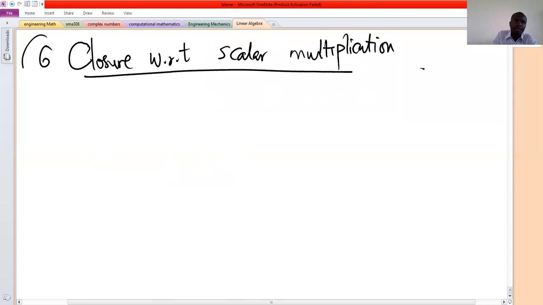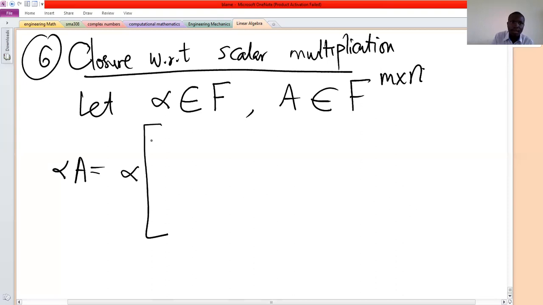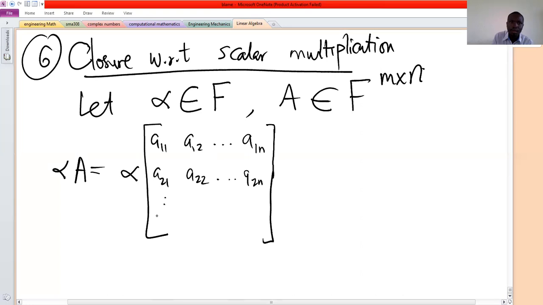Now, let alpha be an element in the field and A be a matrix of order m by n. So alpha times A will be alpha into A11, A12, up to A1n, A21, A22, up to A2n, AM1, AM2, up to AMN.